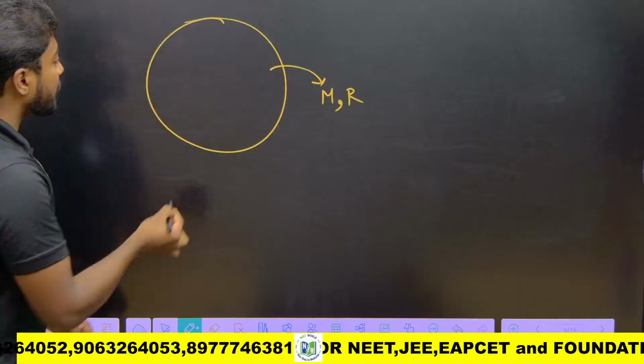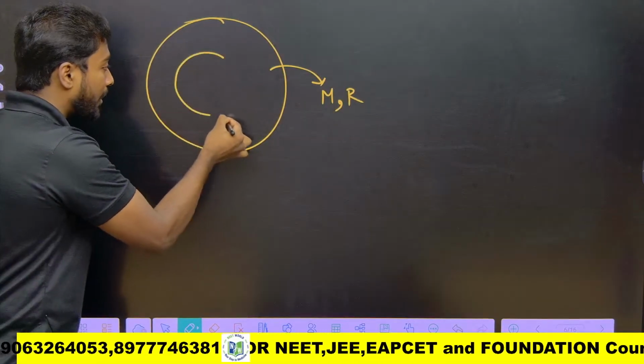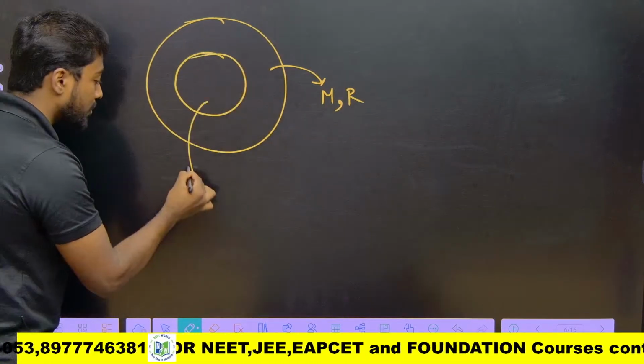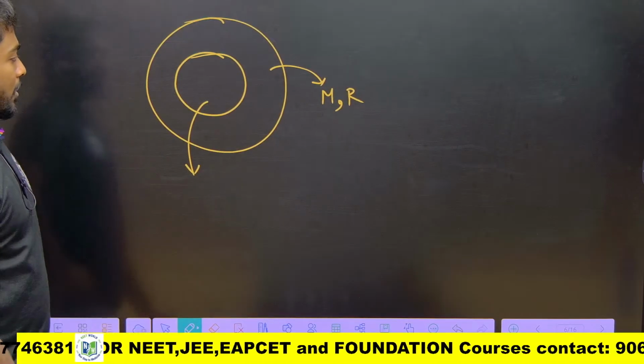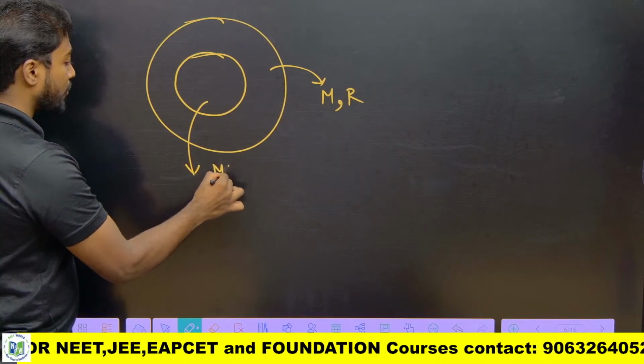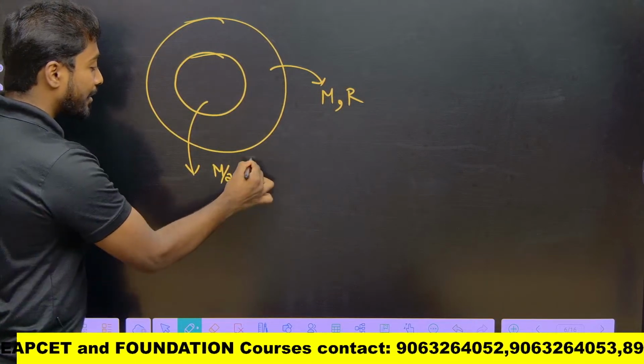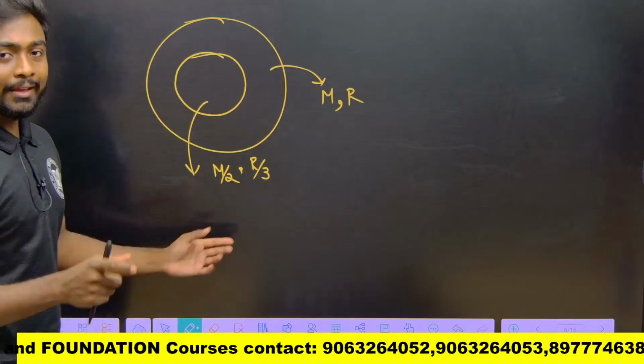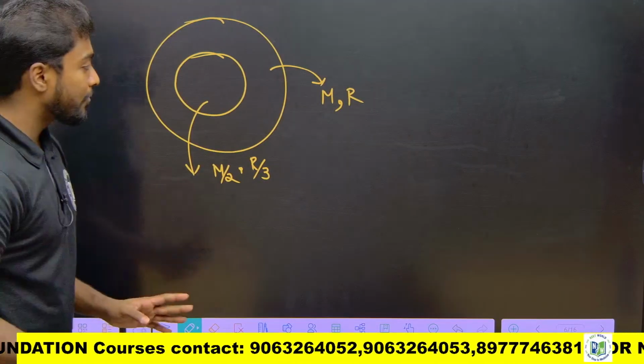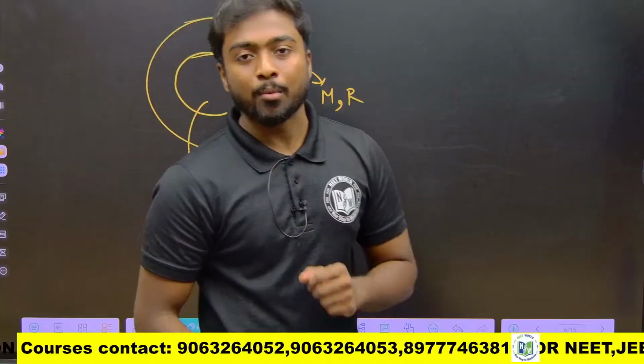From this disk I have taken out some part which has mass m by 2 and radius r by 3. This is the thing I have removed. I need to find the remaining moment of inertia.